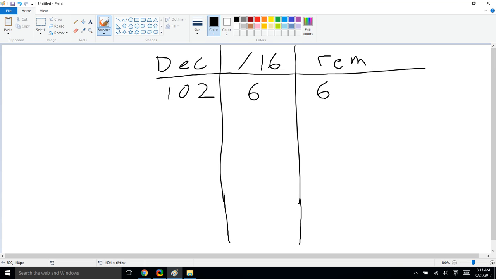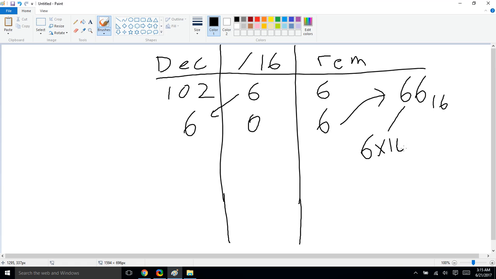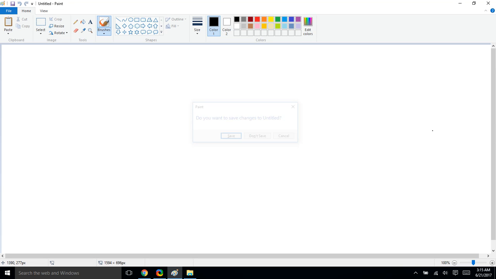Alright, and then we would take the 6 as the next number, divide by 16, we get 0 with a remainder of 6. So it should be the case that 66 in base 16 is 102 in decimal. So 6 times 16 plus 6. Let's try another one.